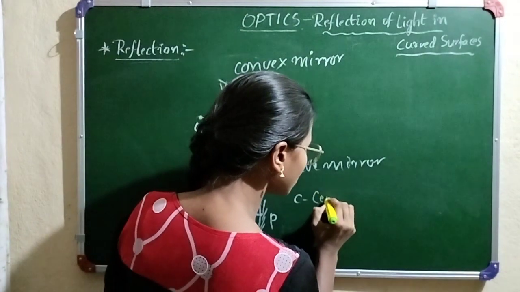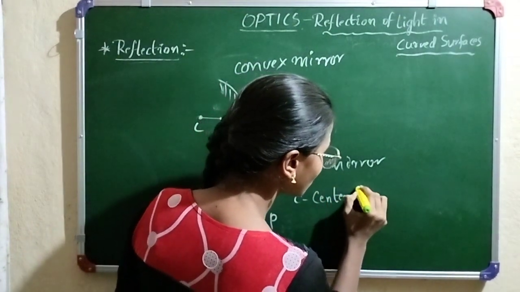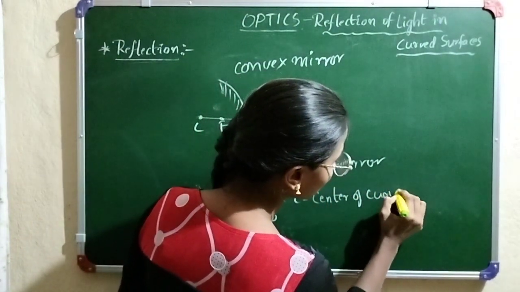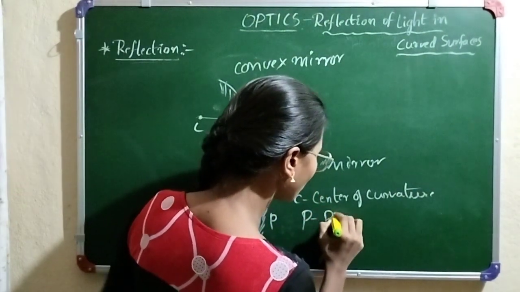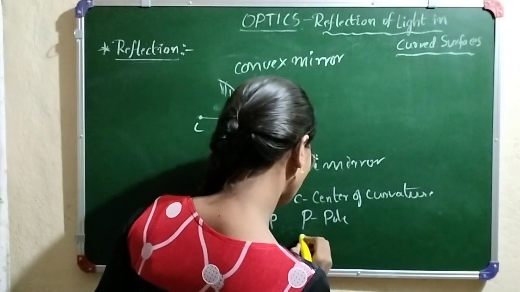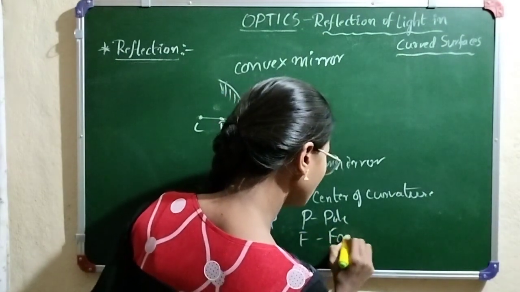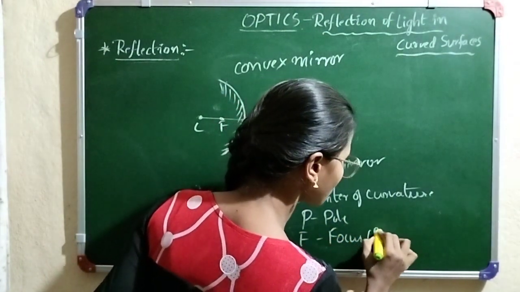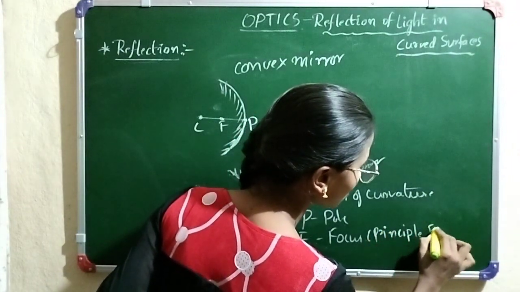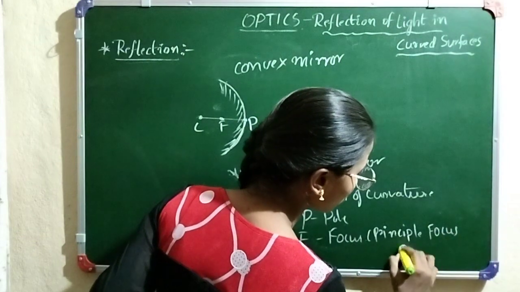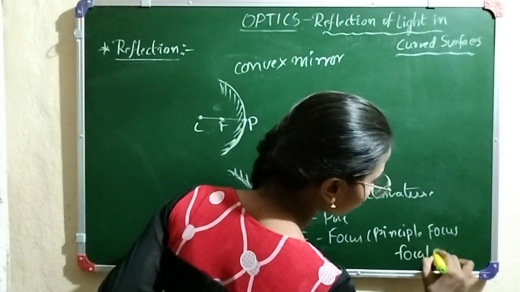C is the center of curvature, P is the pole, and F is the focus, or principal focus, or focal point.